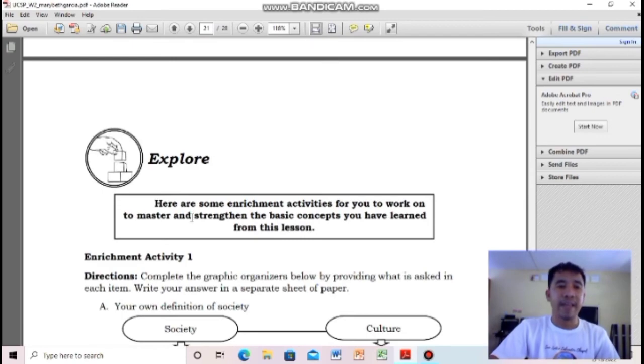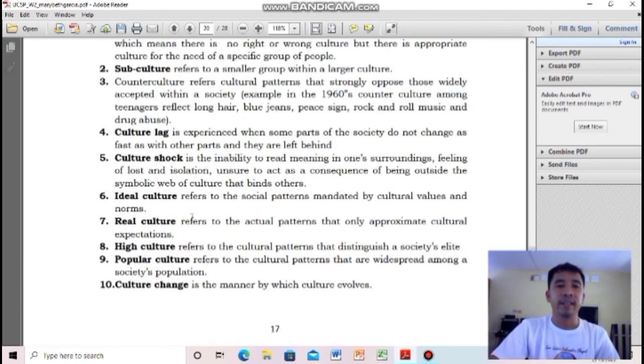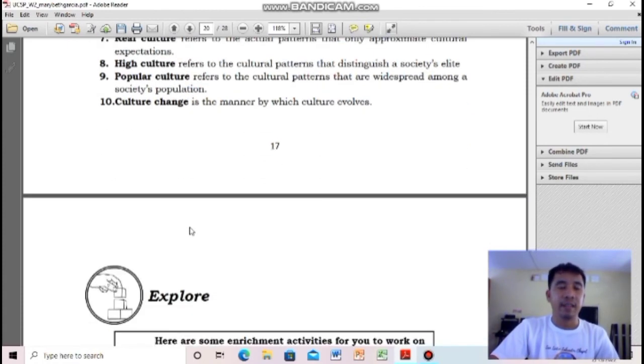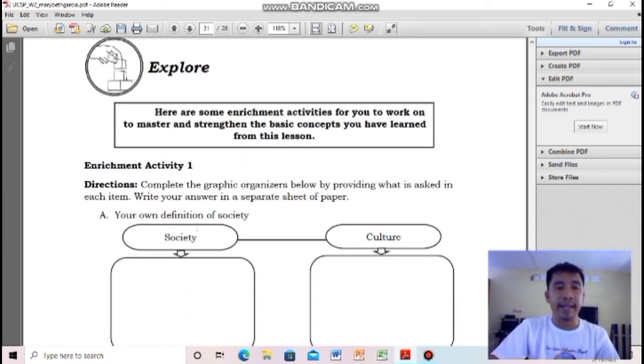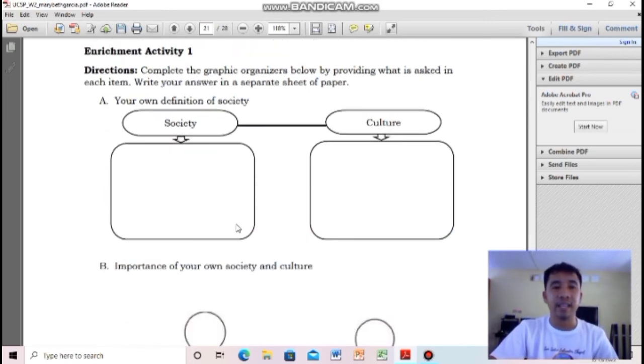Okay? So, that's for our lecture for this module. Let's proceed to the enrichment activity. For activity 1, you are going to complete the graphic organizers below by providing what is asked in each item. Your own definition of society and culture.